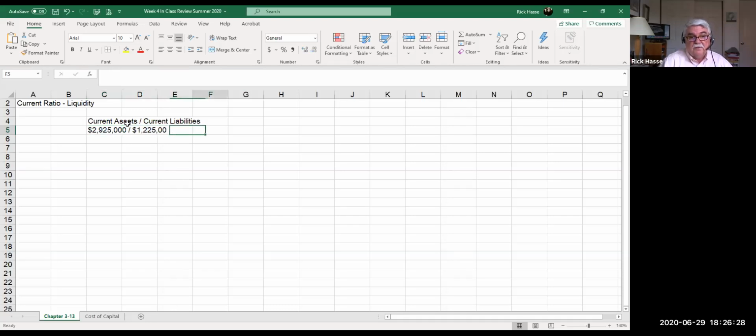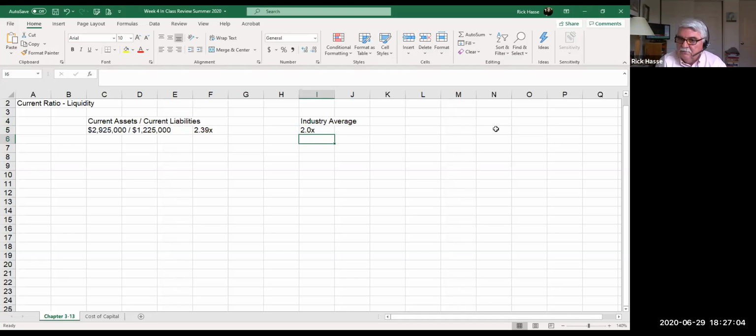That current ratio comes out to 2.39 times. In other words, the current assets are 2.39 times greater than the current liabilities. Oops, I left out a zero, excuse me. Now, it just so happens that the industry average for this company, compared to their competitors, is 2.0 times. So their current ratio is a little bit higher.